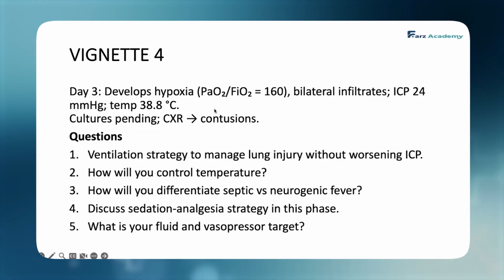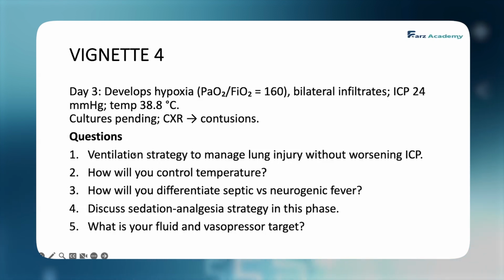So you have done the craniotomy of this patient, who develops hypoxia, PaO2/FiO2 160, bilateral infiltrates, ICP is still 24, and the temperature 38.8 degrees centigrade, culture pending, chest x-ray shows a lung contusion.